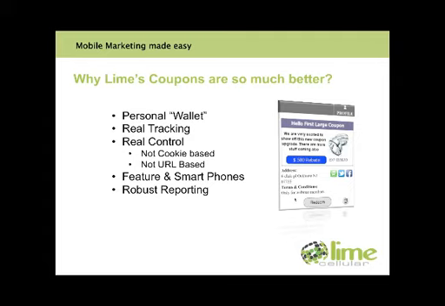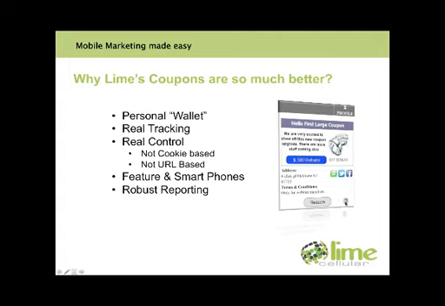Once we have 100% smartphones out there, then maybe we'll be able to get fancier and fancier. The most important thing is the reporting, because the way we work is with a personal wallet. We can give you robust reporting, and we can tell you how many people redeemed it and who redeemed it.